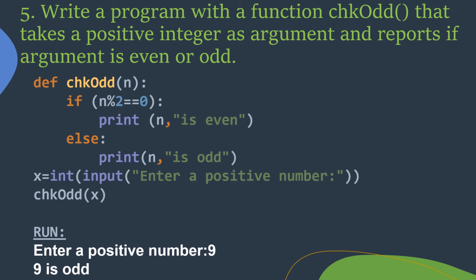Now to check, the function will be called by passing a value x as its parameter. x is a number which will be accepted from the user. While executing this program, it will ask the user to enter a number. Let's say the user has entered the number 9. Then it checks whether 9 is even or odd, and prints the corresponding output, that is, 9 is odd.